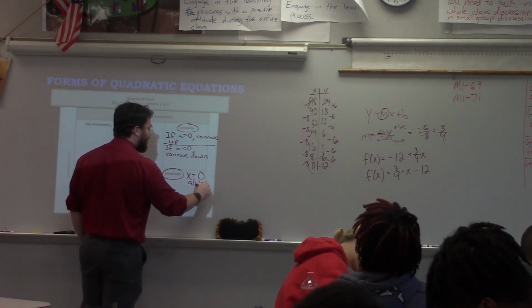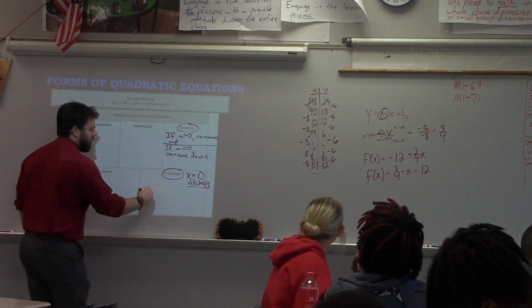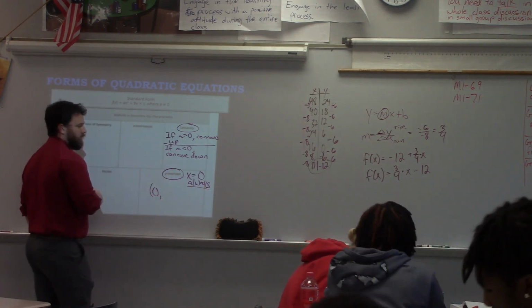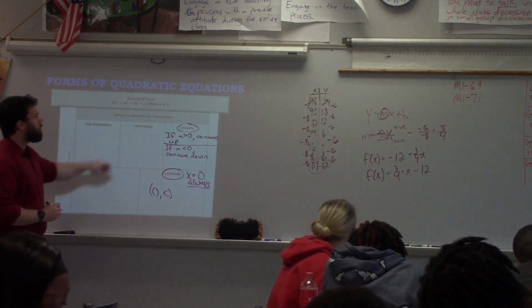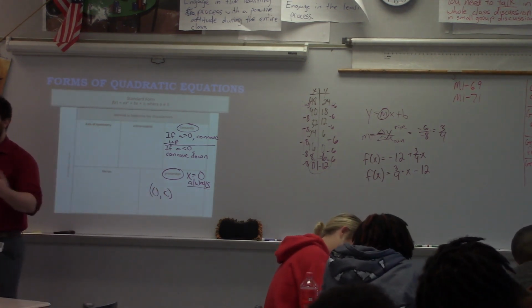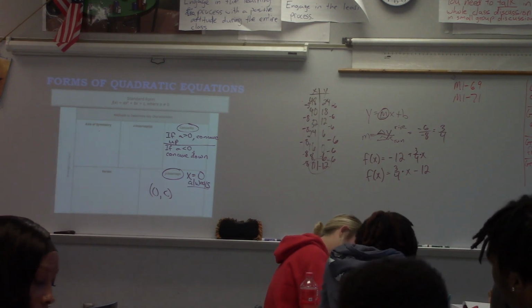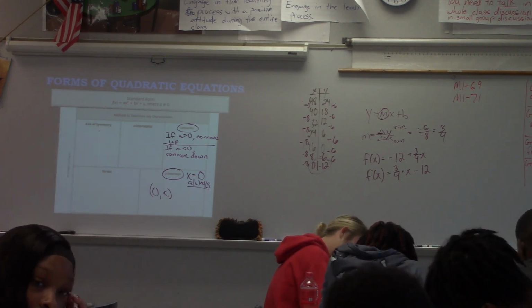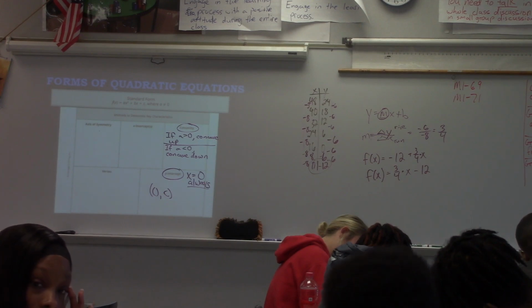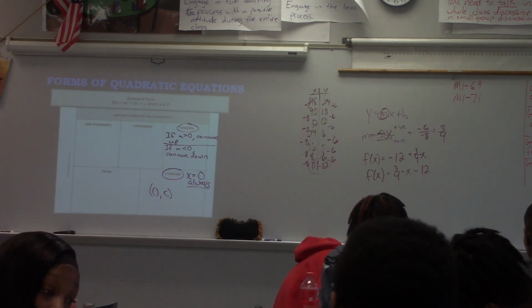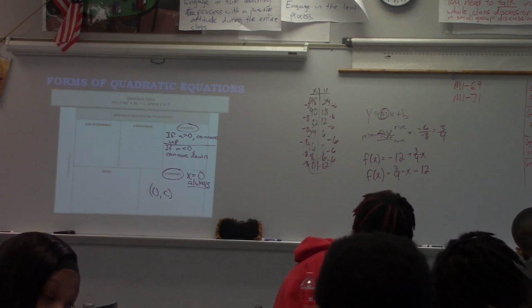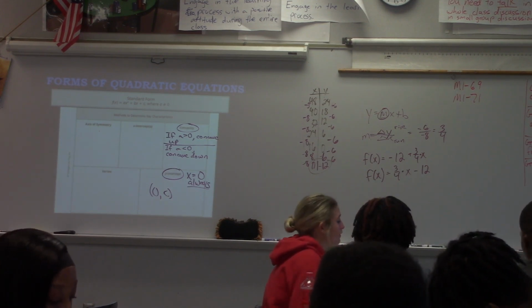So what is the y-intercept? 0, comma, c. Right? It's the y value, but if I substitute 0 in, all I'm going to get out is that c. So you have to be able to identify what that c is. Notice we have circled the features that are easy to see, but we can get two of these other features as well.